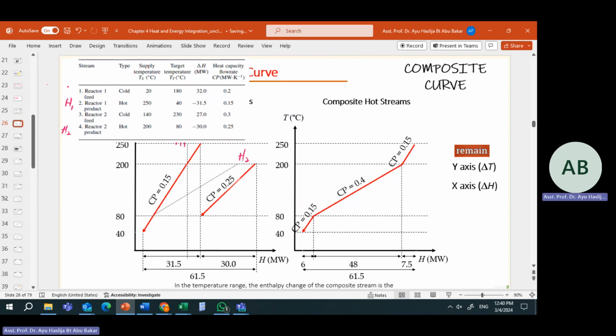Now C1, C2. Now plot hot 1, which is from T supply 250, T target 40.